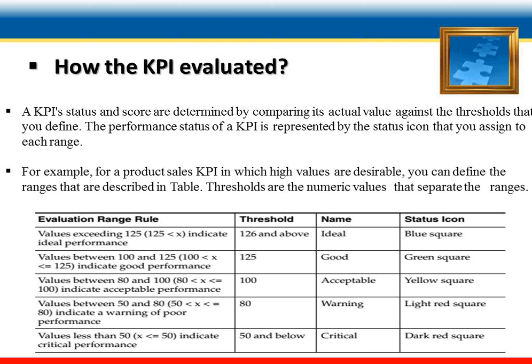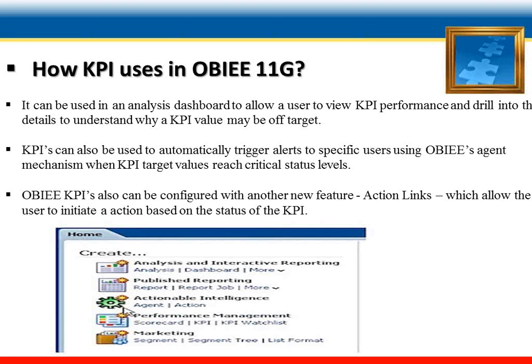It can be used in an analysis or dashboard, where we can view the key performance indicators, which will be viewable to the users, and users can drill down into the detail to understand why the KPI may be off target. So it can be used in the dashboard, allowing users to view the KPI performance. A KPI can also be used to automatically trigger alerts to specific users when the KPI shows a very critical performance level.